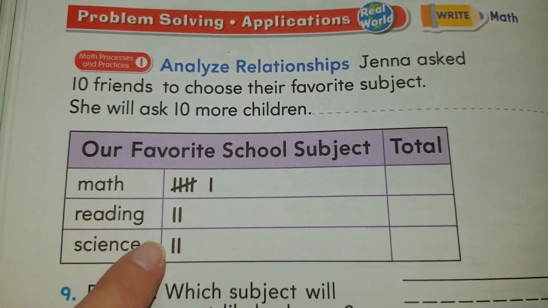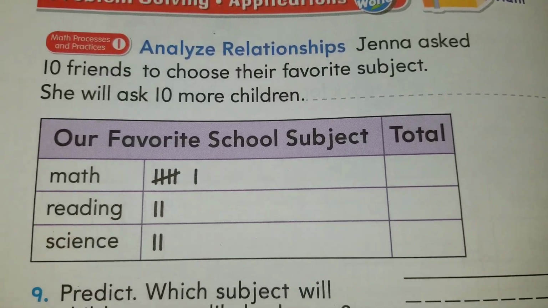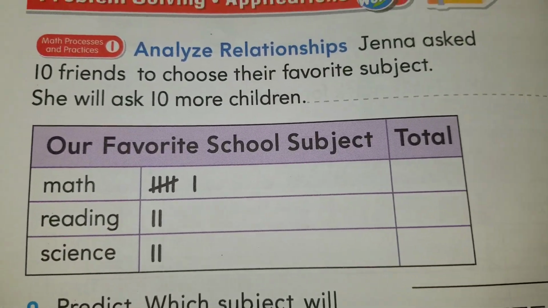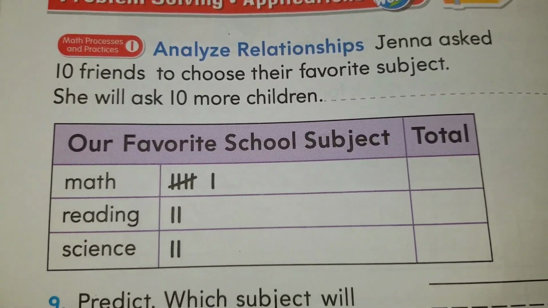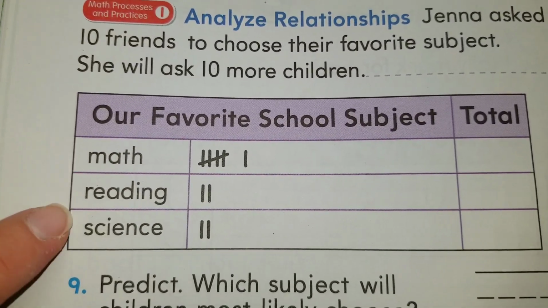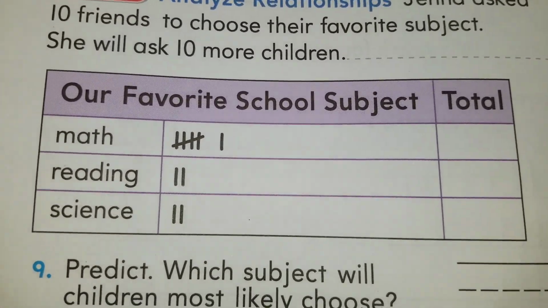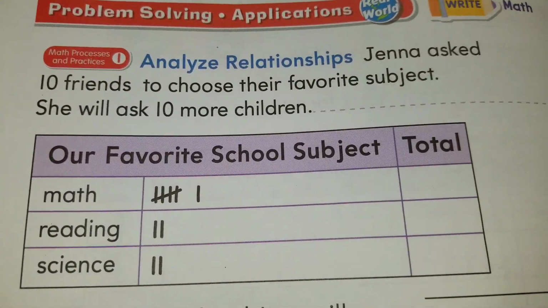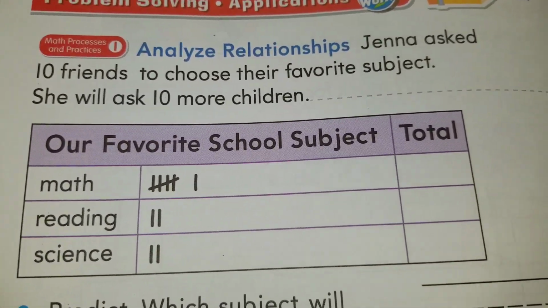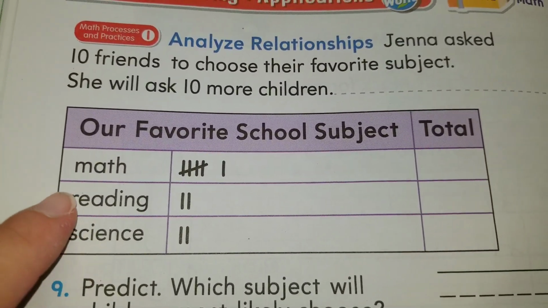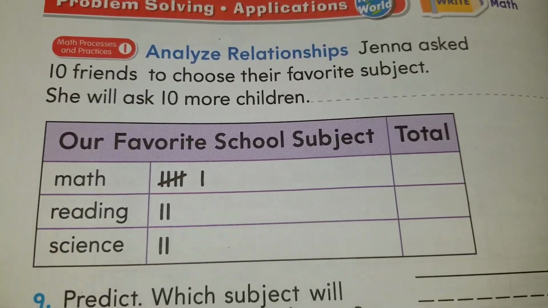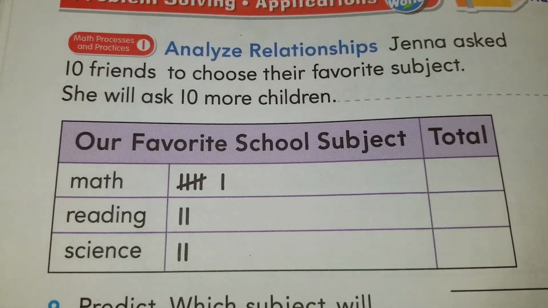So she asked all of these children already, and then she's gonna ask 10 more. Which are the subjects that she's asking for? She's asking for math, reading, and science. Well, how about if your favorite subject is social studies? It's not there. So you have to pick between one of the subjects that Jenna is offering, right?